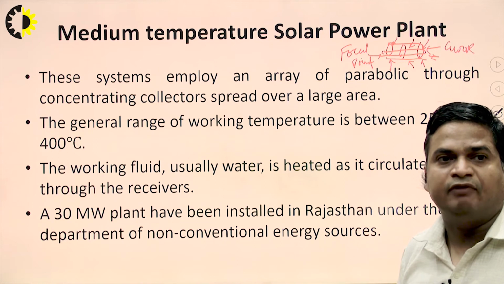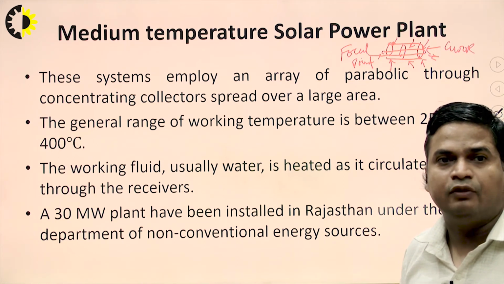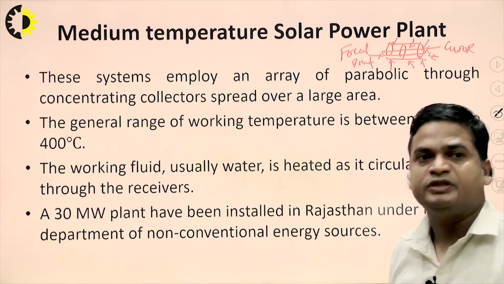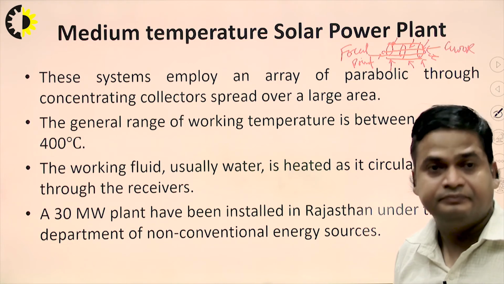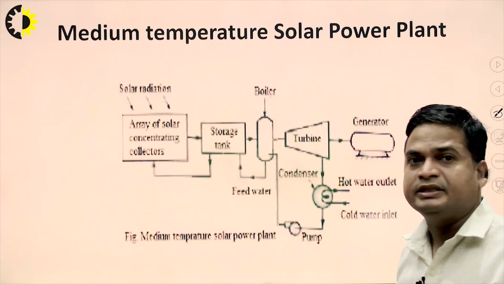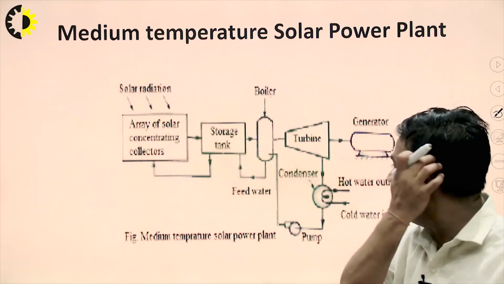A 30 megawatt plant has been installed in Rajasthan under the Department of Non-Conventional Energy Sources. So a small capacity plant is there for this medium temperature solar power plant. This is a diagram of a medium temperature solar power plant. Now I will explain how this works.